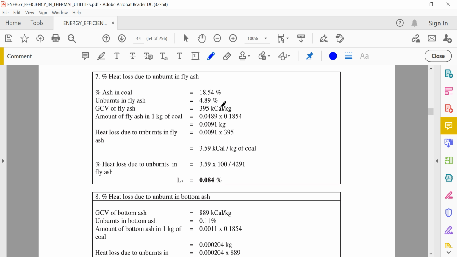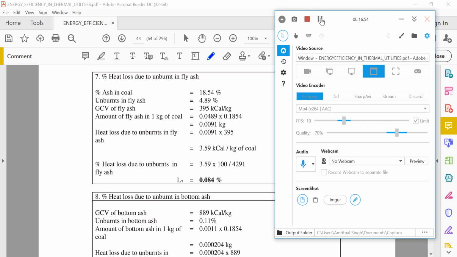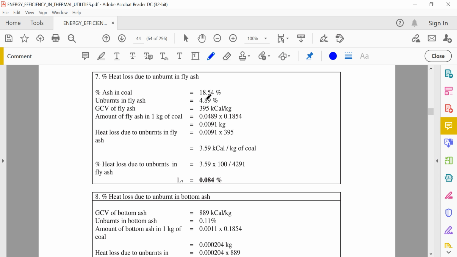Then the next loss is due to unburnt in fly ash. Here the percentage of ash in coal is given, and the unburnt in fly ash is also given. The GCV value of fly ash is given. Now the quantity of fly ash per kg of coal is calculated from the above values.